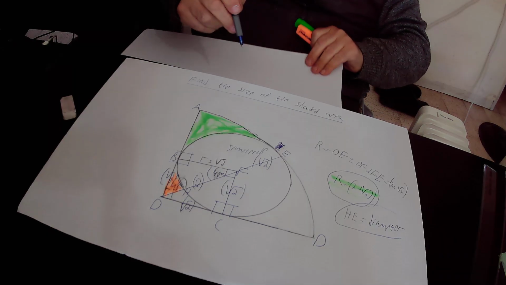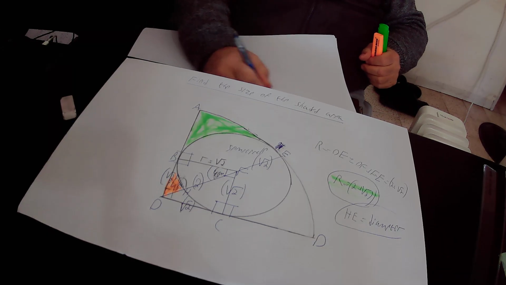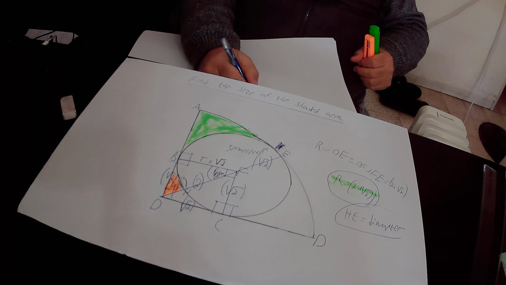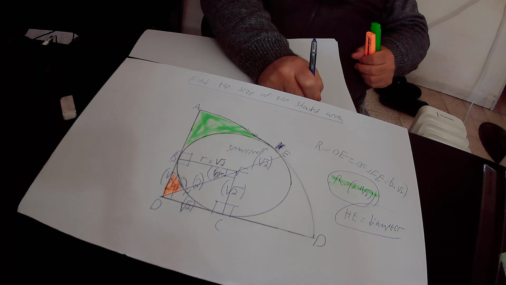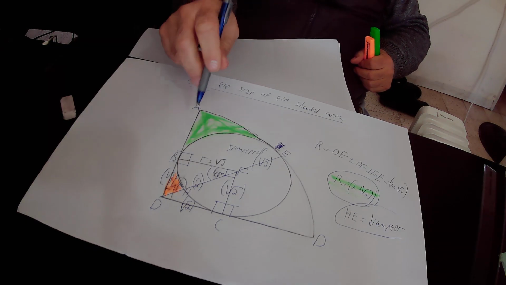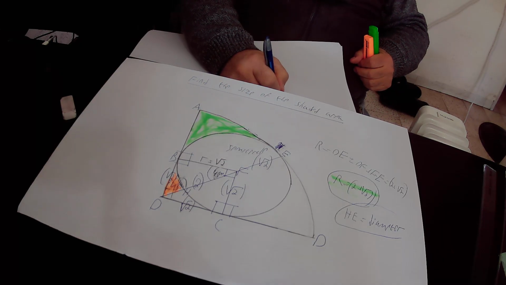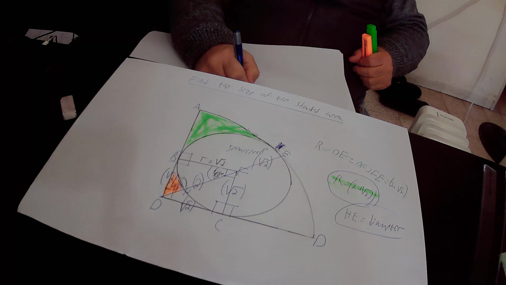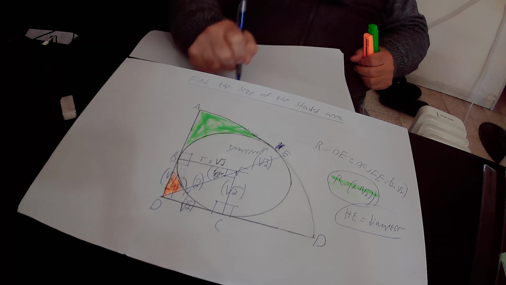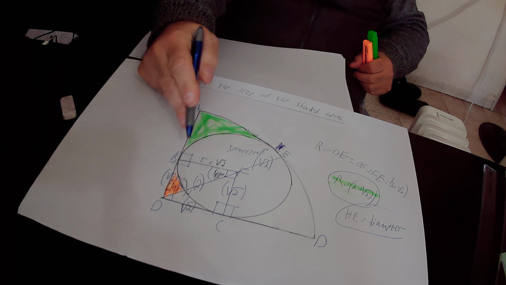So the area of this green shape is equal to the area of the big sector AOE minus the area of this small semicircle minus the area of this orange shape BHO.